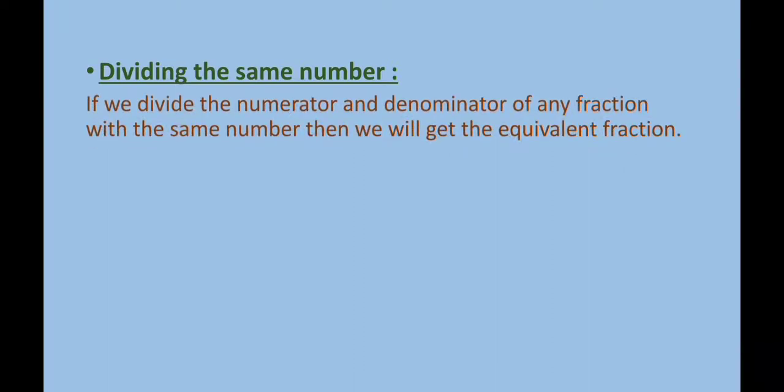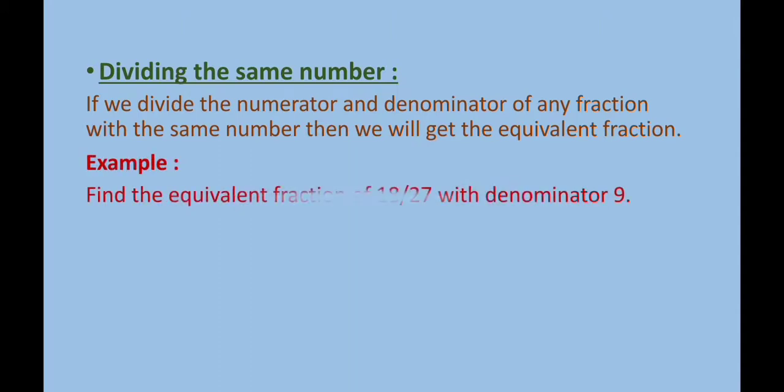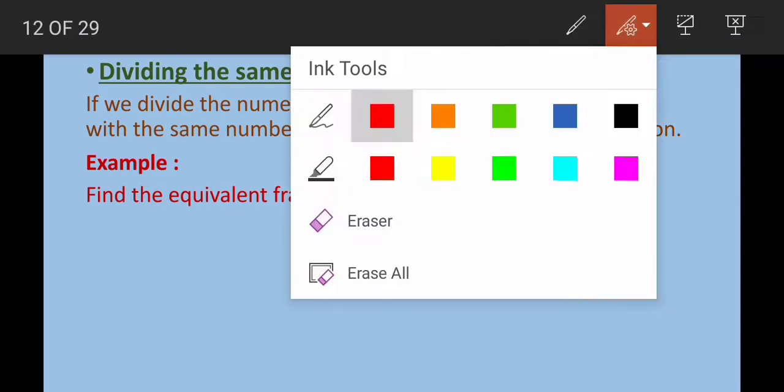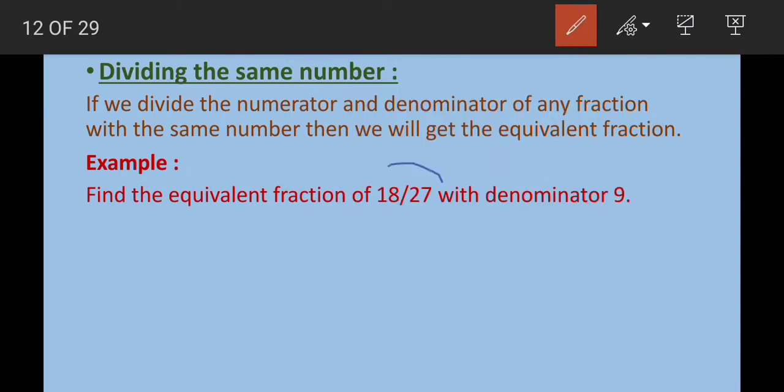If we divide the numerator and denominator of any fraction by the same number, then we will get an equivalent fraction. Here is an example. Find the equivalent fraction of 18 by 27 with denominator 9. So here we have to convert this fraction, 18 by 27, to have denominator 9.